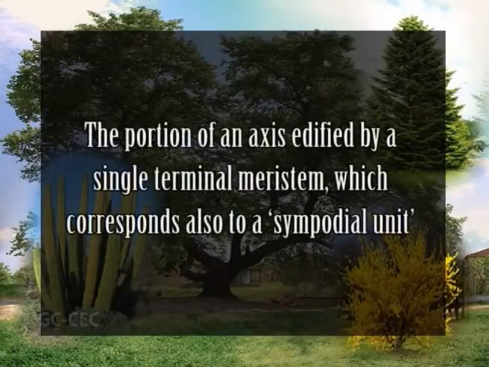Because of the various causes of determinate growth, this definition is however restrictive, and the term module increasingly refers to the portion of an axis edified by a single terminal meristem, which corresponds also to a sympodial unit as used by Bell in 1991. Involving one or more lateral axes, a sympodial branching system is very often three-dimensional.